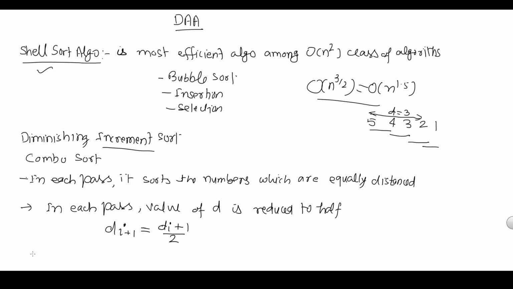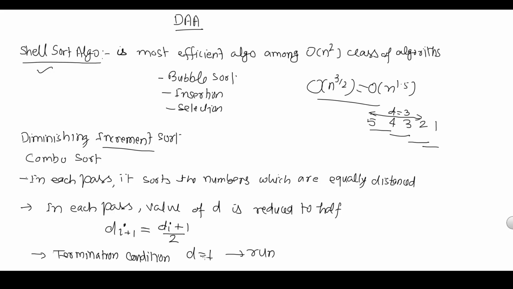And this algorithm terminates when d equal to 1. So the termination condition for this is at d equal to 1. Note that at d equal to 1, we first run the algorithm.